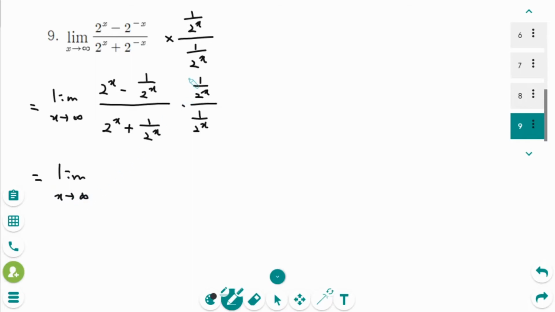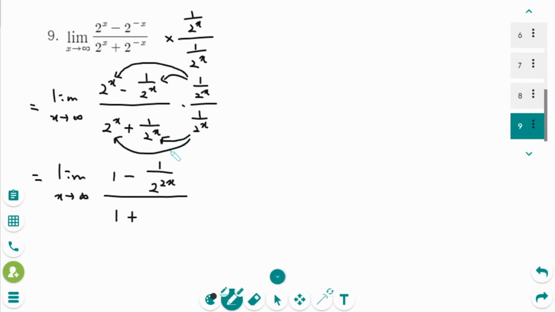And then expand this one, which is 1. Can you see this one? Minus this one is 1 over 2 to the power of 2x, over this one, 2 to the power of x divided by this one, and 1 plus 1 over 2 to the power of 2x, like this. And then put infinity into x.